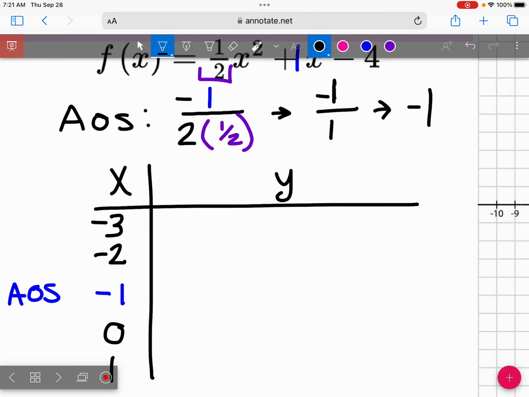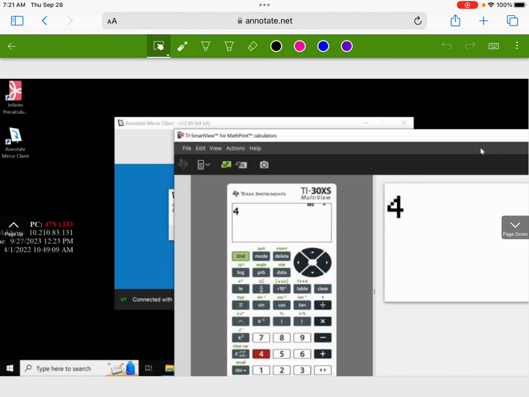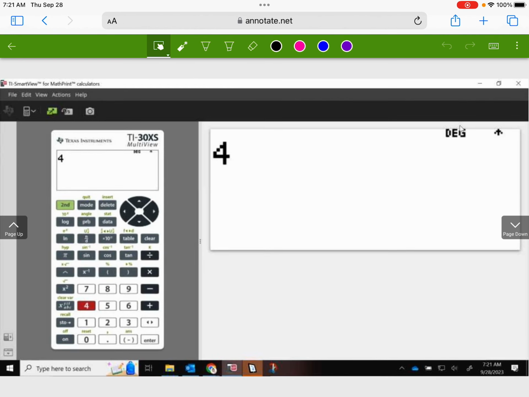So on the screen, we're going to put it over there. We're going to start with typing some things into the calculator. And we're going to start with -3. So, calculator time. So we're going to take -3.